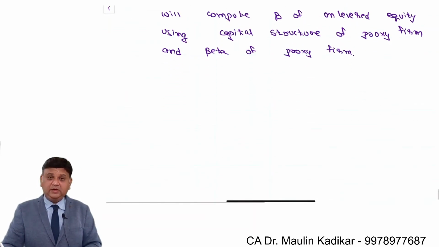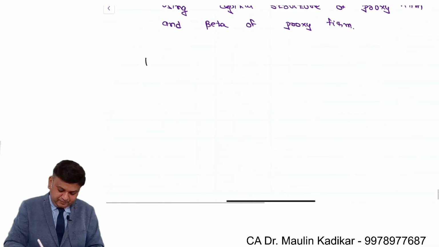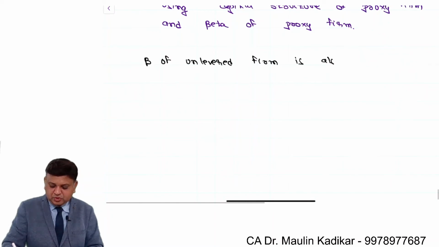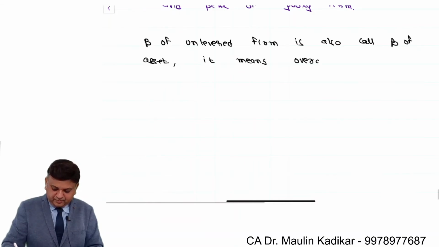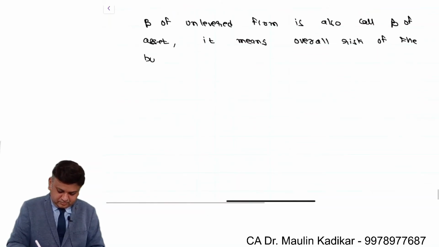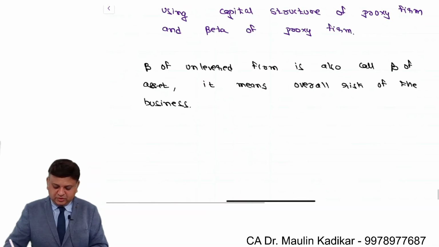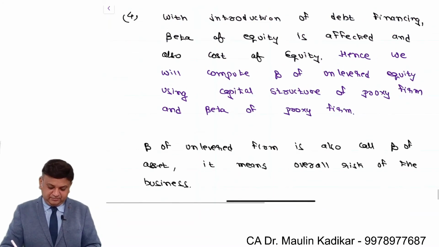Full stop. With paragraph write down, beta of unlevered firm is also called beta of asset, comma, it means overall risk of the business. Full stop. This is what we understand.